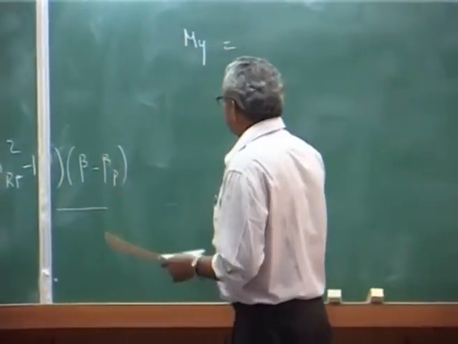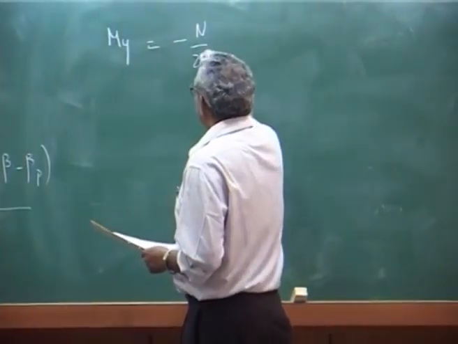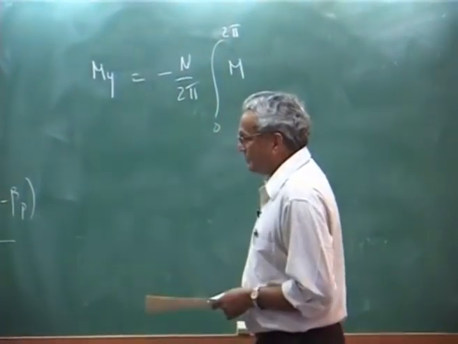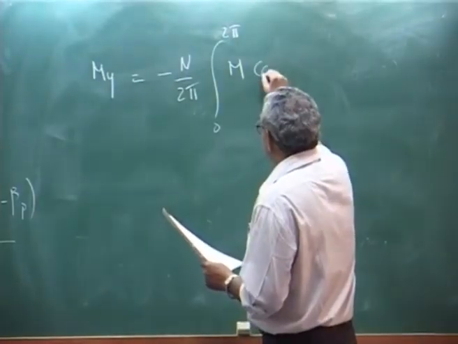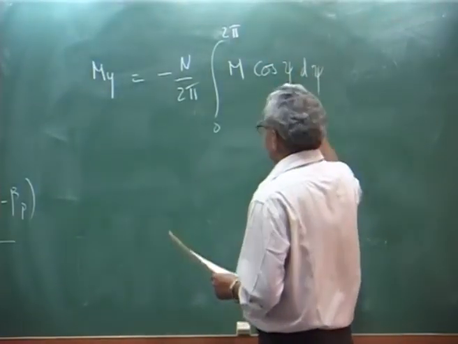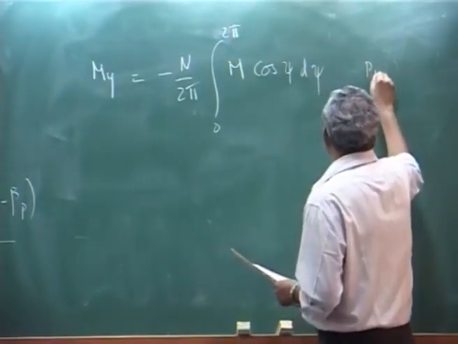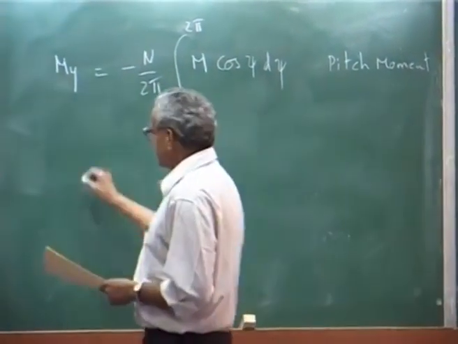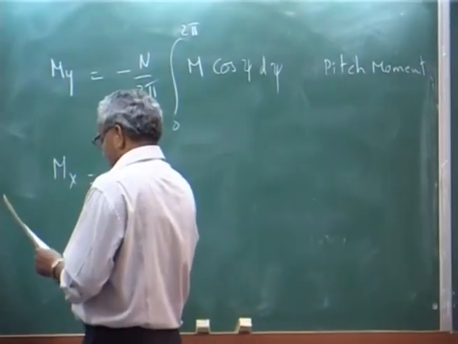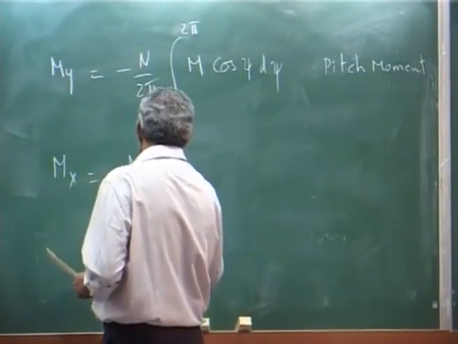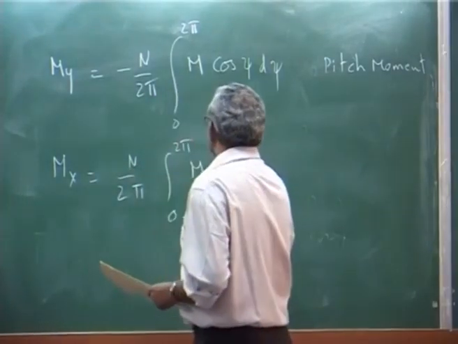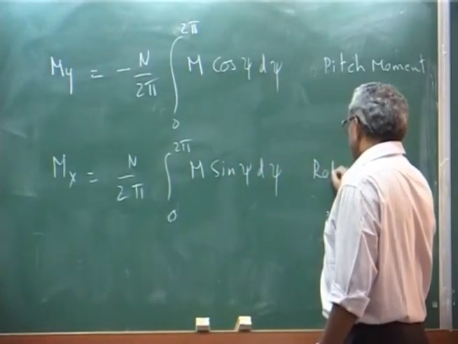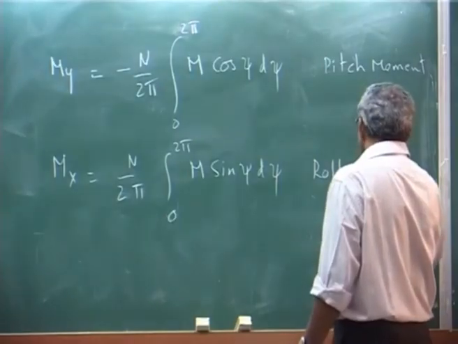So, my becomes, please understand, I am now doing m, which is the flap moment, into the component, this is pitch moment, and similarly roll moment mx, n over 2 pi integral 0 to 2 pi m, this is roll. Please understand, these are at hub.